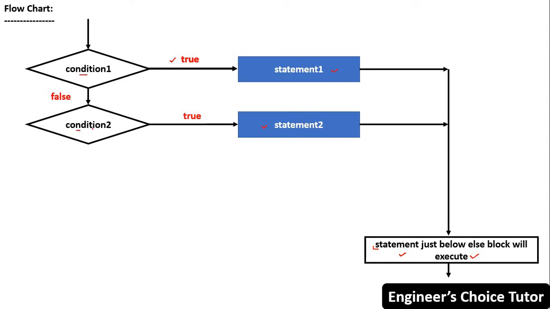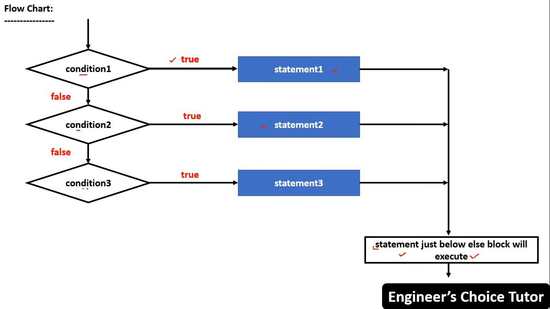Now suppose condition 2 is also false, then condition 3 evaluation will take place. And if condition 3 is true, then what will happen? Then statement 3, which is present in the second else if block, will execute, and then control will come out, and the statement just below the else block will execute, right?